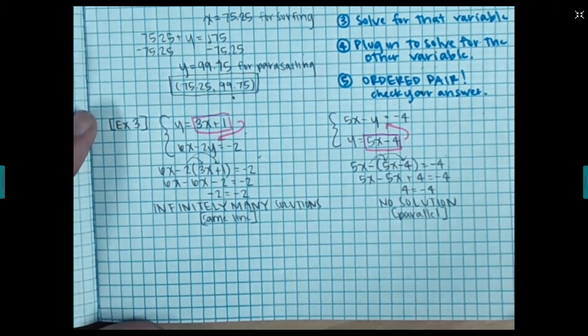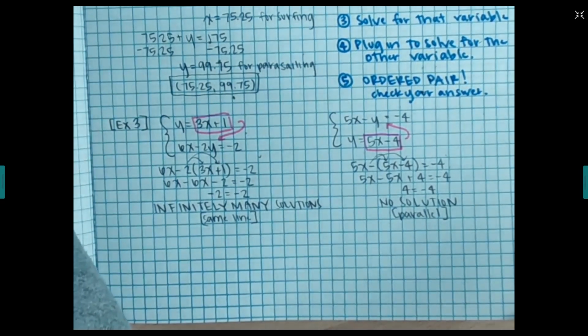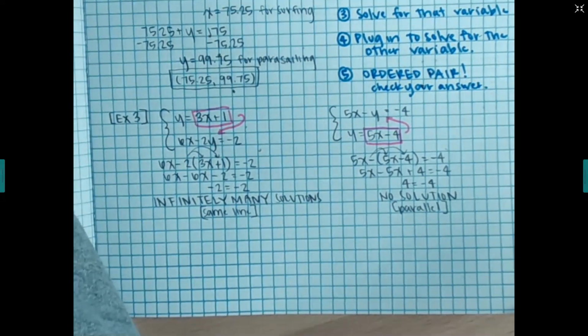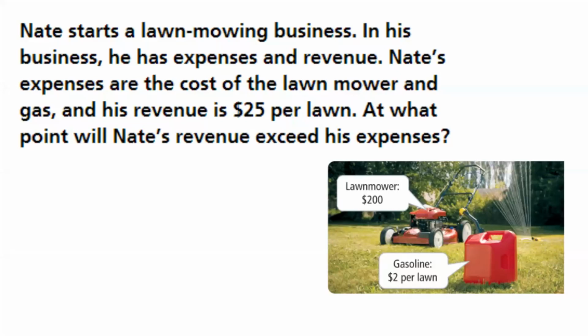All right. And then I'm going to go ahead and share my slideshow again with that last example on it. And this one is another example. And we're just going to do it by solving with substitution, except this time we have to write the equation. It says Nate starts a lawn mowing business.